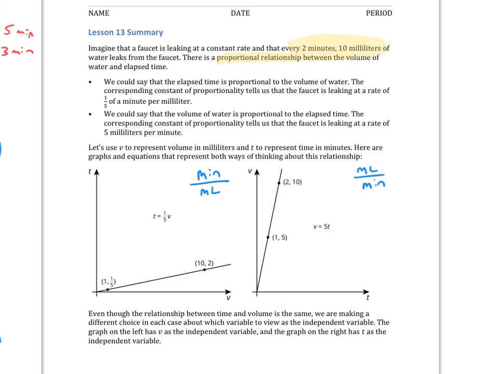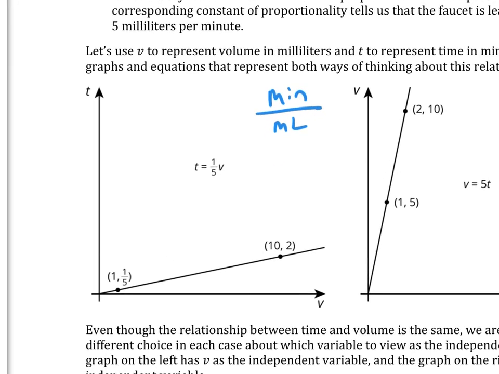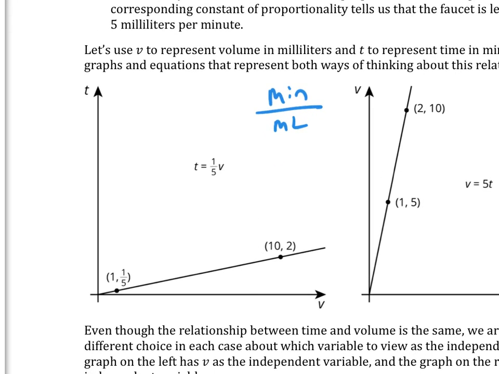Based on which way we represent it, it's going to change our constant of proportionality, and it's going to change what our x and y axis is. If we look at the first graph, where we're doing minutes over milliliters, remember we're still doing y over x, this tells me my y-axis is going to be the time, and my x-axis is going to be the volume.